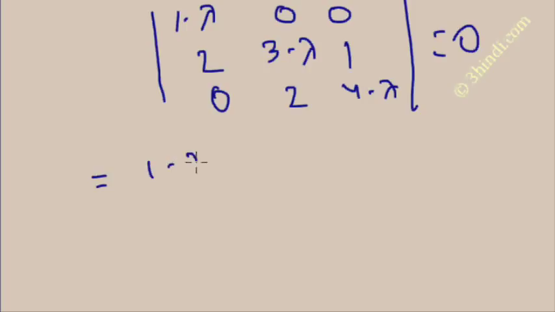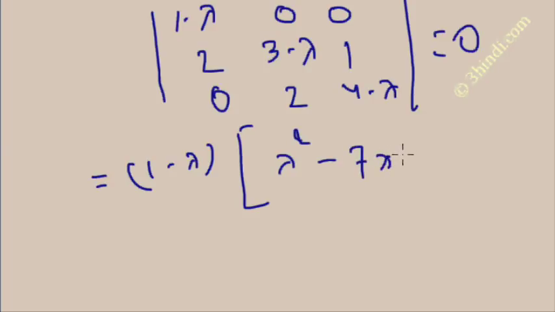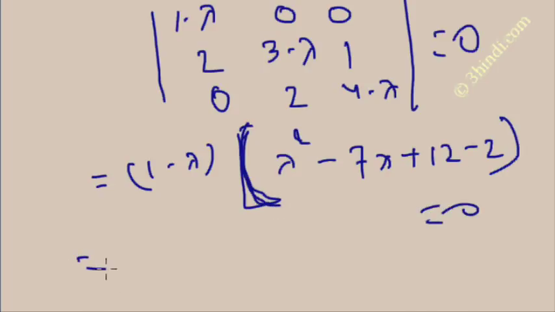This is equal to 1 minus lambda into, multiply this into this, and minus 2. It will come as lambda square minus 7 lambda plus 12 minus 2, equal to 0. If you solve this, it is lambda square minus 7 lambda plus 10.